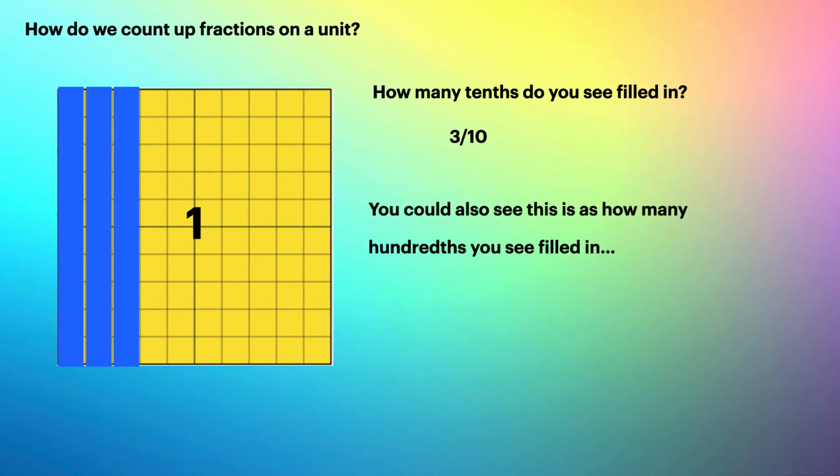Now let's look at hundredths, which remember are those itty bitty squares. It's as if we had cut up that unit into 100 itty bitty pieces. Now, how many hundredths do you see? Well, if this is worth 1, I count them up 10, 20, 30. We could say 30 hundredths.